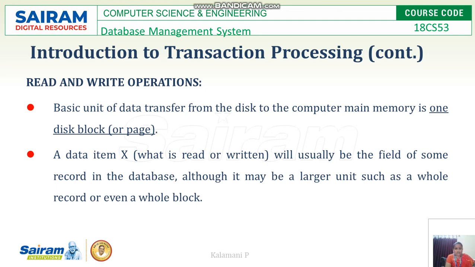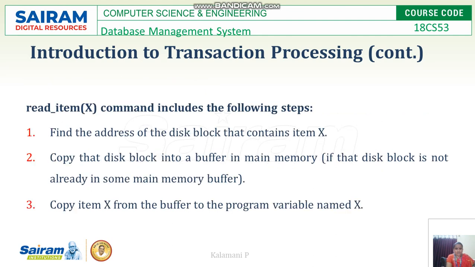The basic unit of data transfer from disk to the computer's main memory is one disk block, which we already know is called a page. The read item X command includes the following steps. First, find the address of the disk block that contains item X. Then copy that disk block into a buffer in main memory.